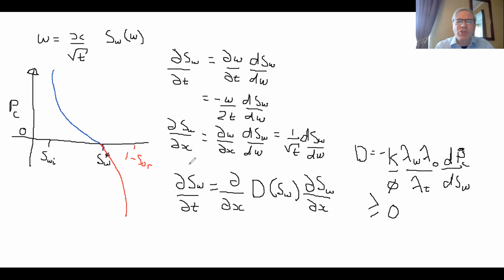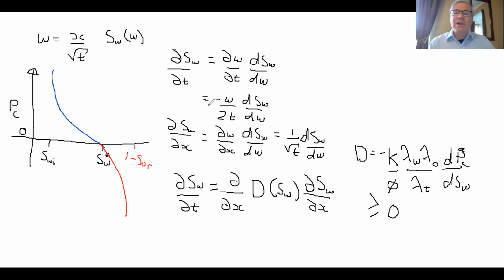Now we can transform this equation into an equation with w. The only other thing is we've got two x derivatives here. So dS by dx is 1 over root t. But notice this is a partial derivative, so it's taken at constant time. So the time can go out to the front here. It doesn't appear in the derivative. And then we're differentiating again by x, so we get another root t. So we're going to get two root t's here, so we're going to get a 1 over t here.